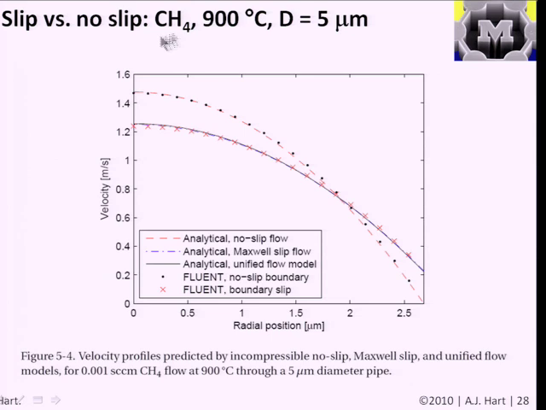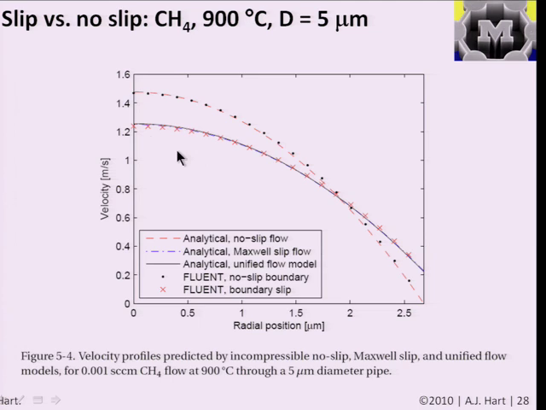So the mean free path of methane is about like air at room temperature, and this is about 4 times room temperature. So the mean free path is like 4 times 65 nanometers, so about a quarter micron. And what I'm plotting here is, in the case of a constant flow rate, 0.1 cubic centimeter per minute through this little pipe, the velocity as a function of radial position from the center to the outside.